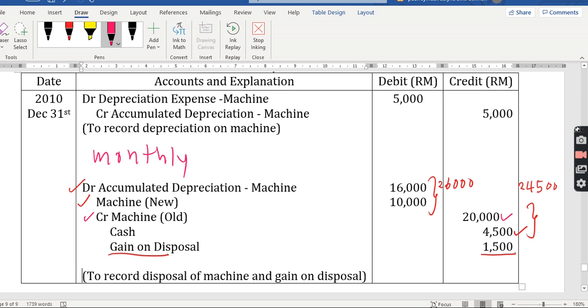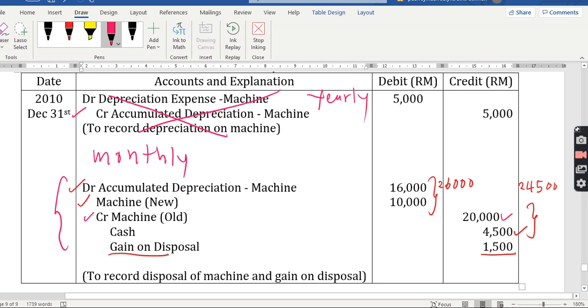So catatan ini memang tidak ada. You must remember that. If I am using yearly, the year of the disposal tidak ada depreciation expense. The asset won't be depreciated in the year 2020. So kalau guna yearly, the first catatan tak ada. We only have the disposal entry.